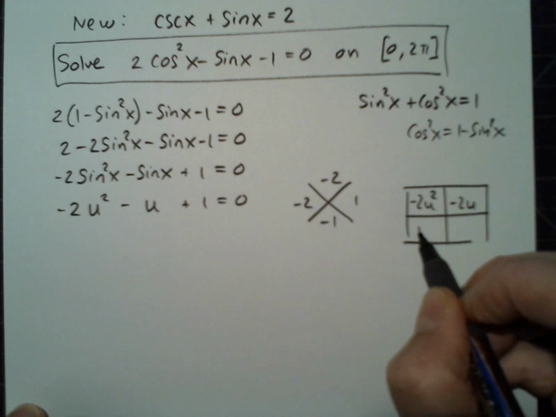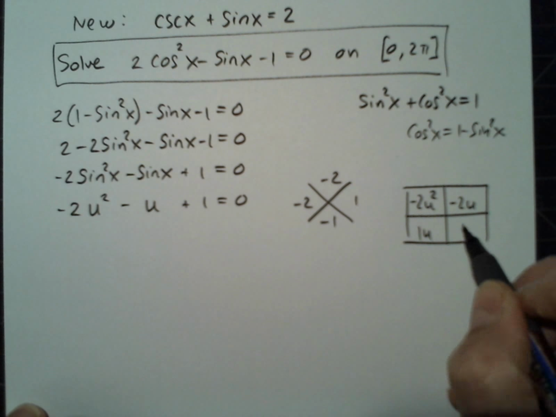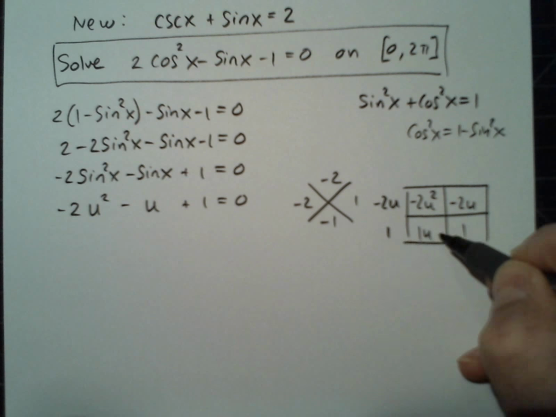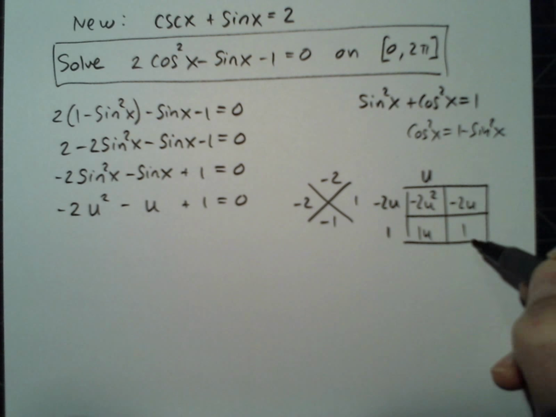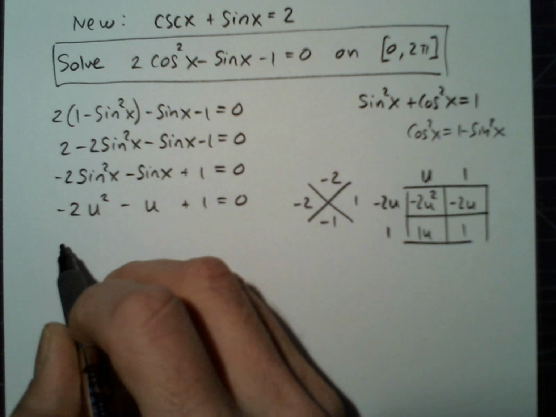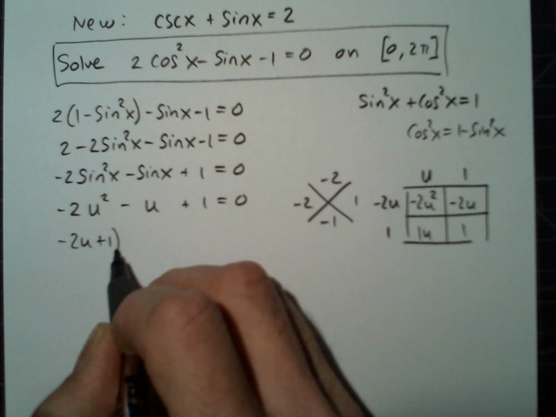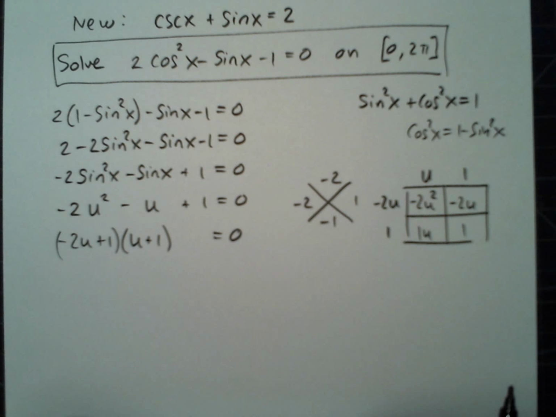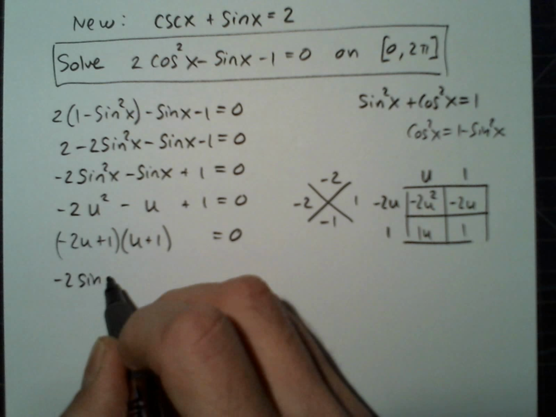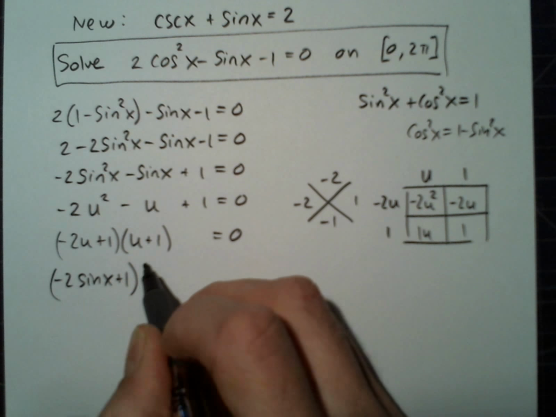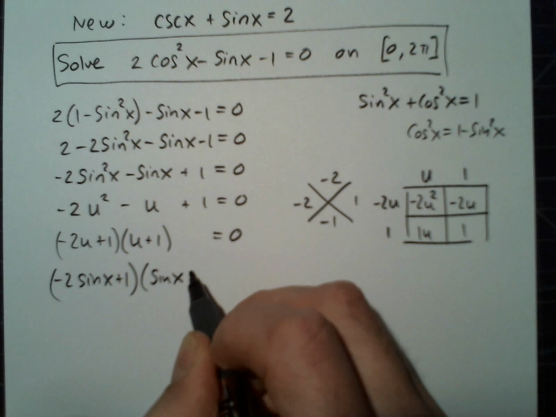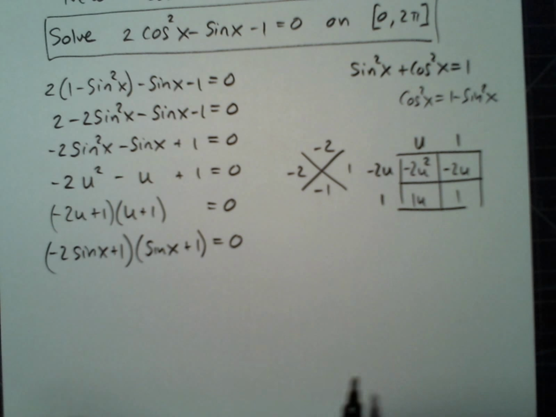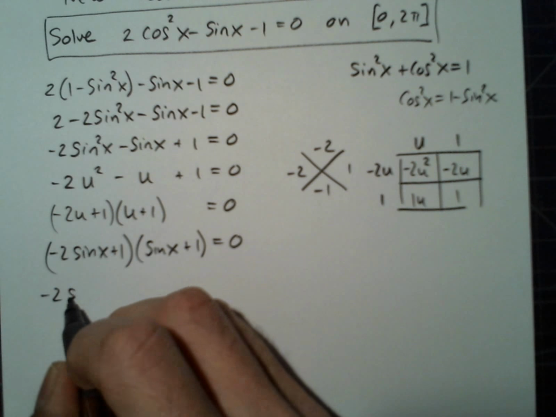Minus 2u plus 1u, and then plus 1. So we can take out a negative 2u, take out a 1, factor out a u and a 1. So we have negative 2u plus 1, u plus 1, which is negative 2 sine x plus 1, sine x plus 1, and then we just have two equations to solve.